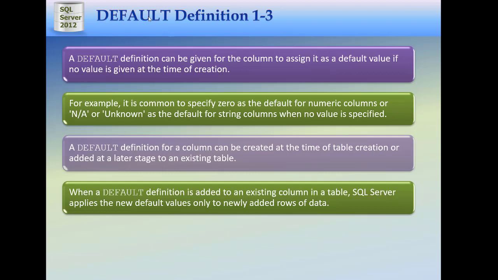Example, it is common to specify 0 as the default for numeric columns, or NA or unknown as the default for string columns when no value is specified. A default definition for a column can be created at the time when you're creating the table, or you can use the alter statement to add it at a later stage. When a default definition is added to an existing column in a table, SQL Server applies the new default values only to the newly added rows of data.